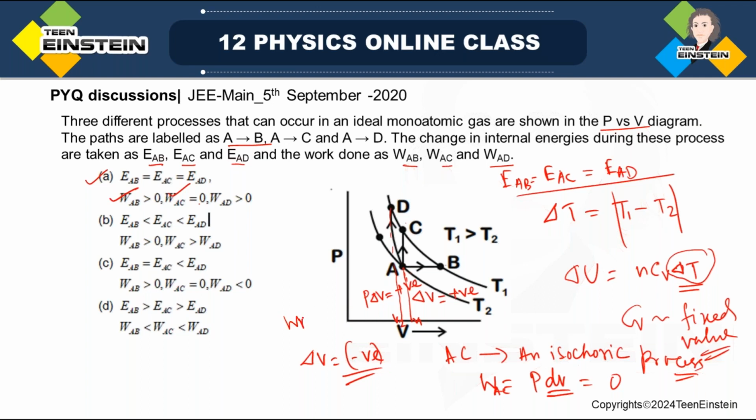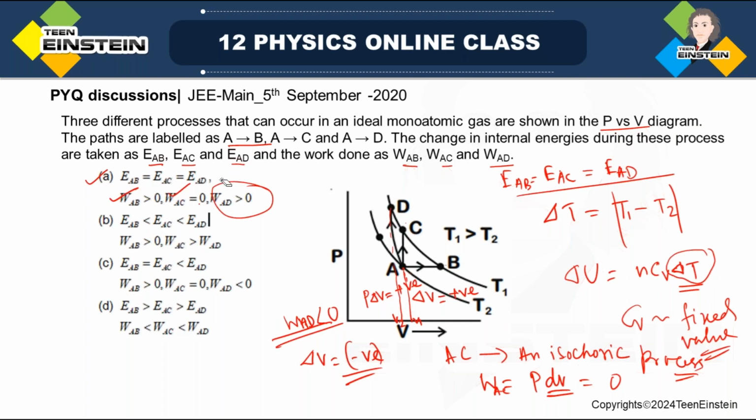So W_AD should be like this, but the option shows something which is wrong. Anyway, for this typo you may still get the marks if you choose this option. The other options you don't have to see. When you see that the changes in internal energies for different processes are different, this is not true. So the wise guess will be A, just by seeing the internal energies.